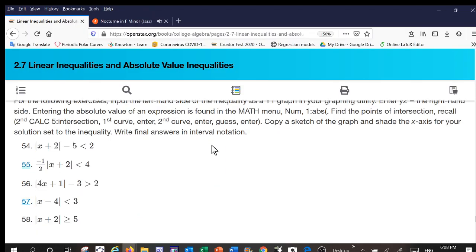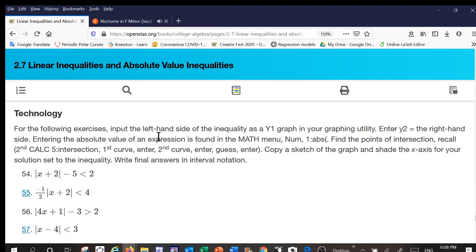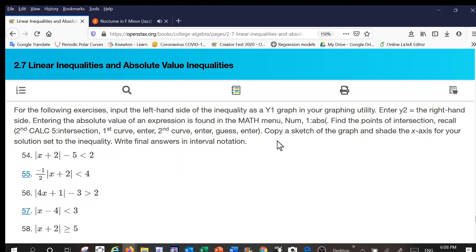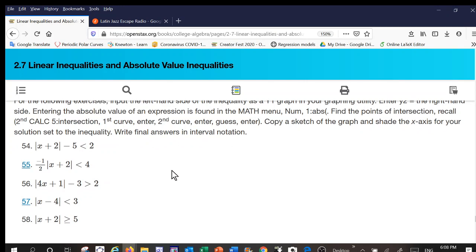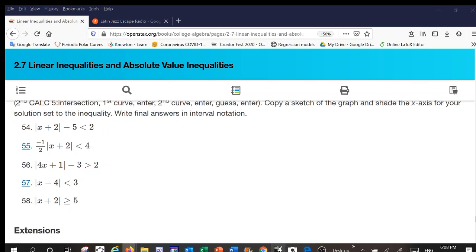So let me go back. It says for the following, input the left side in y1, input the right side in y2, and find the points of intersection, right? And then copy the sketch of the graph and shade the x-axis for your set of solutions. So let's do that. Let's use a calculator.